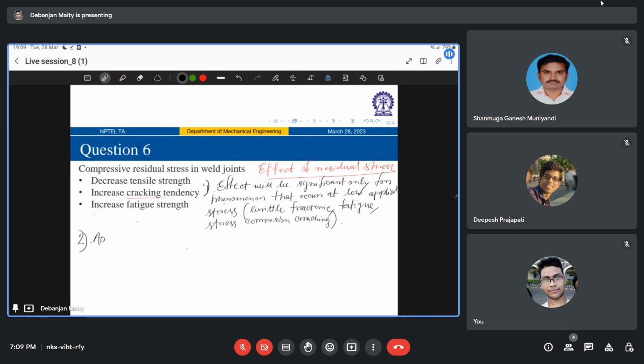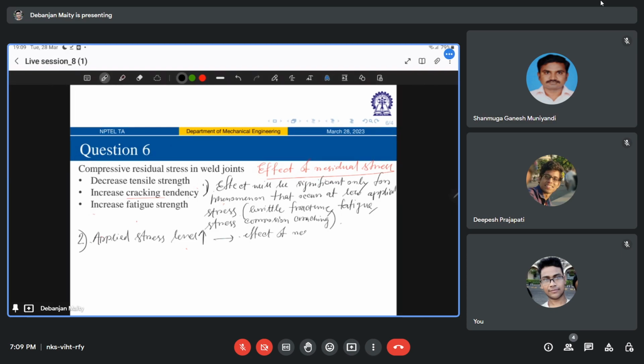Whenever your applied stress level increases, the effect of residual stress decreases.